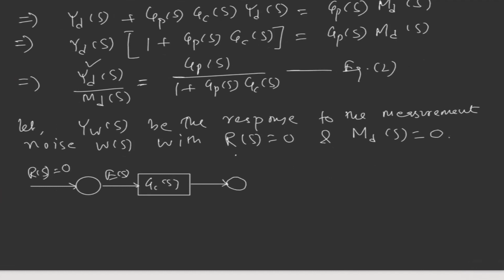Here M_D(s) equal to 0, as we have already assumed, and this response goes to the plant, which is G_P(s), and the output from this we are denoting Y_W(s).